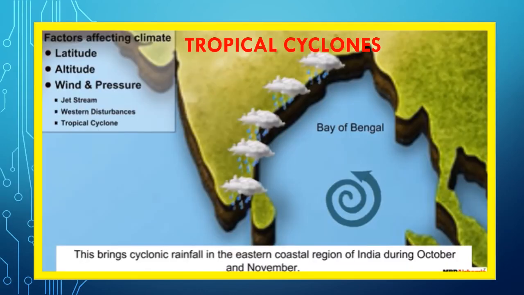Now this easterly jet stream brings cyclonic rainfall in the eastern coastal region of India during the monsoons as well as during October and November. You can see a depression is created in the Bay of Bengal, bringing cyclonic rain in the east coast or coastal region of India.